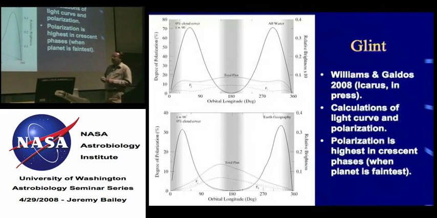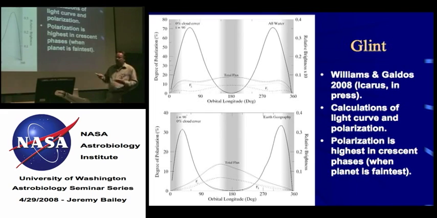These are some models of the glint effects from a recent paper by Williams and Gaydos. And these show the polarization here and the total intensity as a function of phase angle. And these are models of this.